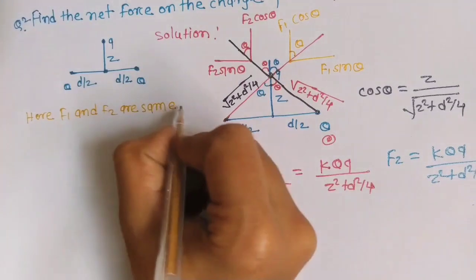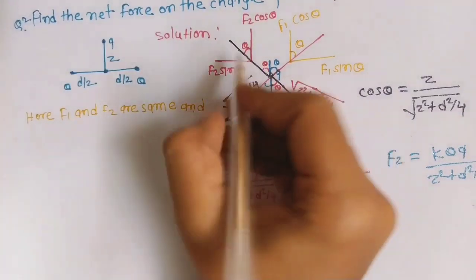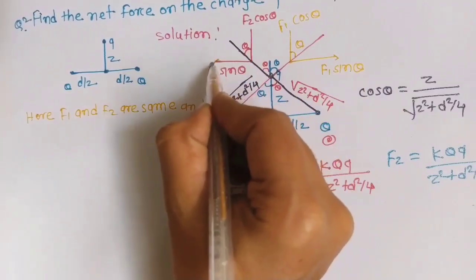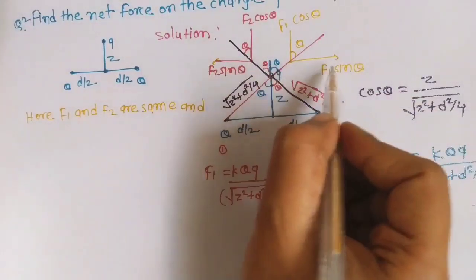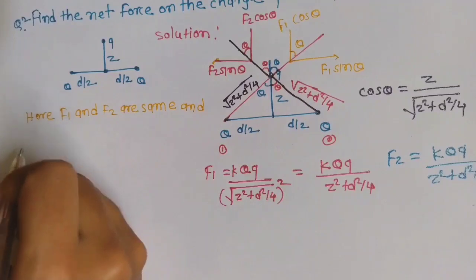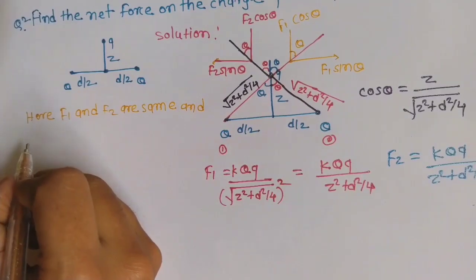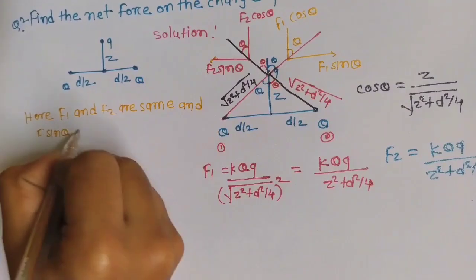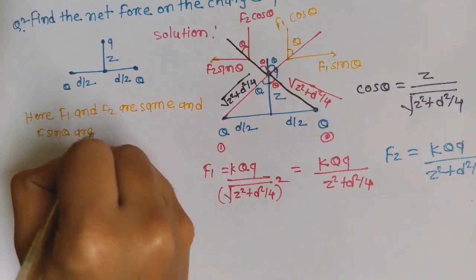But the direction of the force on x-axis is opposite, therefore these two forces cancel each other. It is F1 sin theta and F2 sin theta cancel each other.